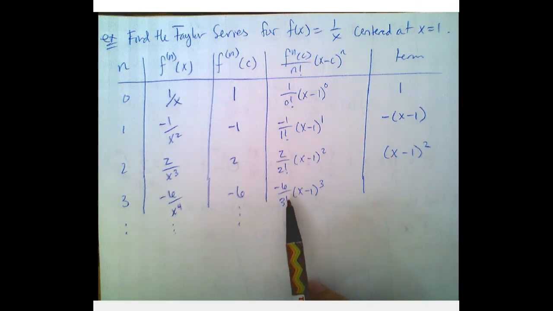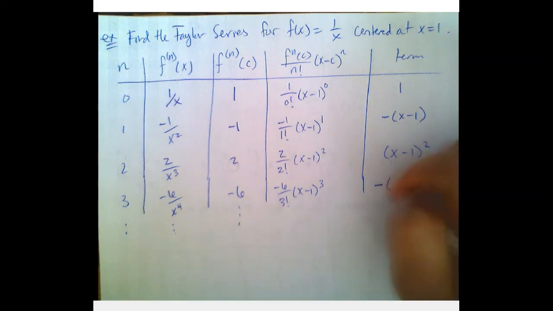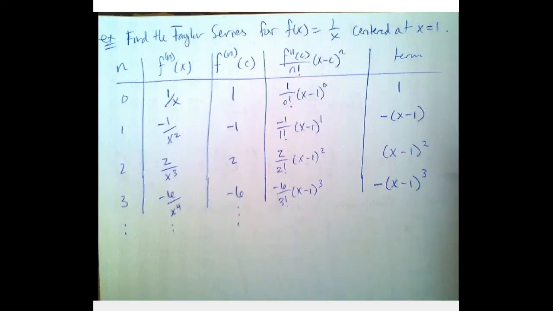And here we have negative 6 over 3 factorial. Well, what's 3 factorial? 3 times 2 times 1 is also 6, so that's going to be negative x minus 1 to the third, and so on.